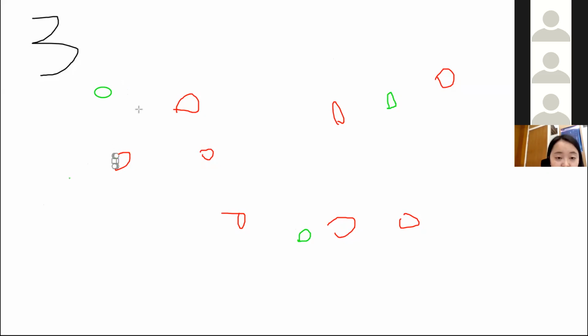For example, here, this sample, we will compute the distance between this sample and the first central point, the second central point, and the third central point, and choose the shortest distance and assign this sample to this cluster. And then we can assign all the samples to the 3 clusters correspondingly.